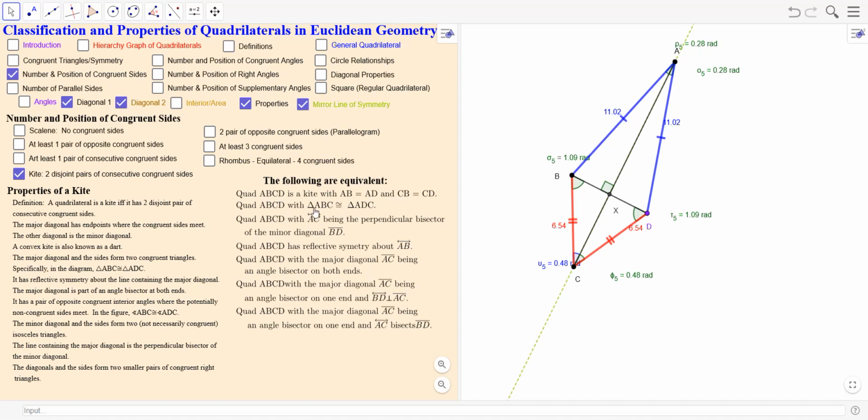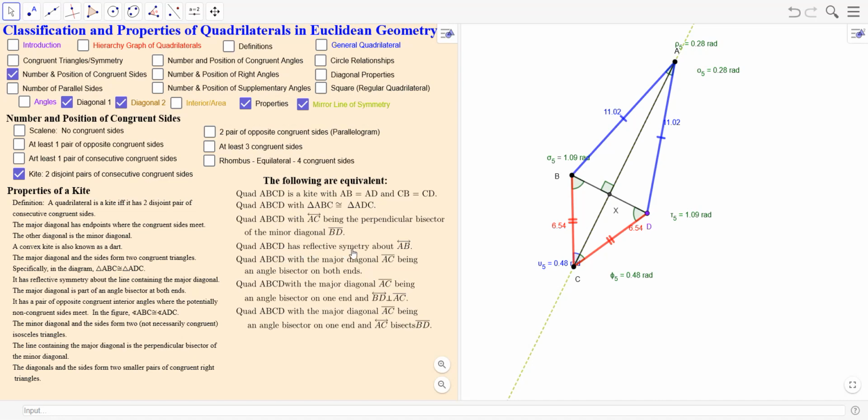If you have two congruent triangles like this with a reflection, then it has to be a kite. If it's a kite, it's got to be this. So all these are if and only if statements. Quadrilateral ABCD with AC being the perpendicular bisector of the minor diagonal, that turns out to be enough to make it a kite and to have these triangles that are congruent.